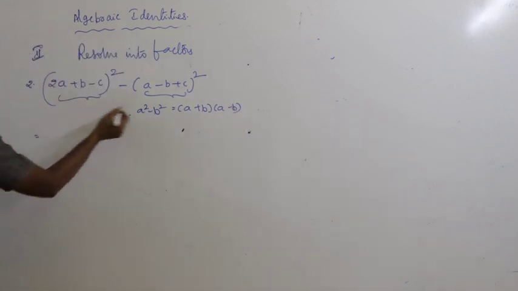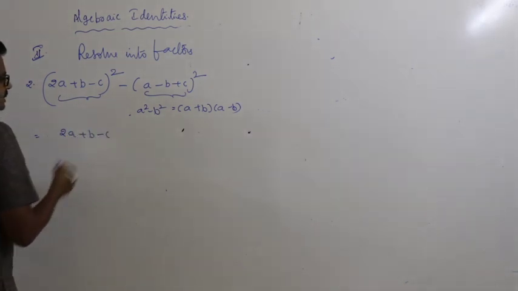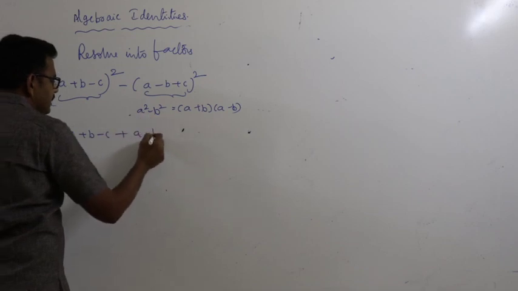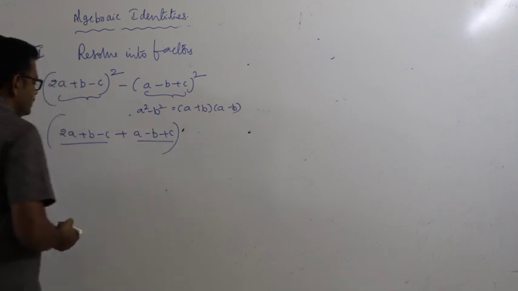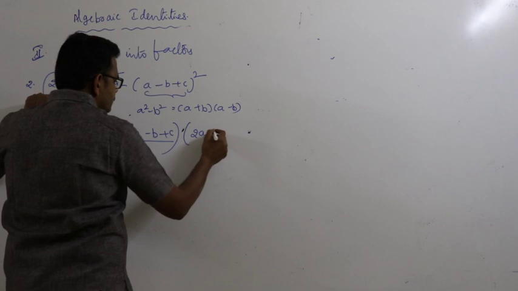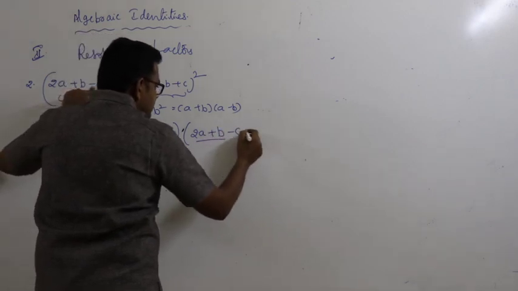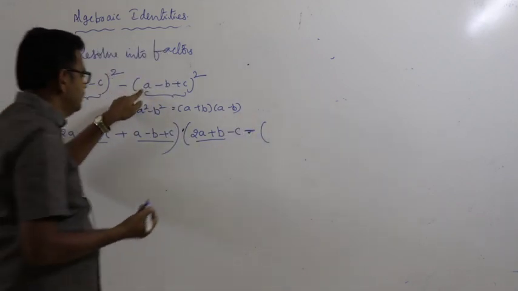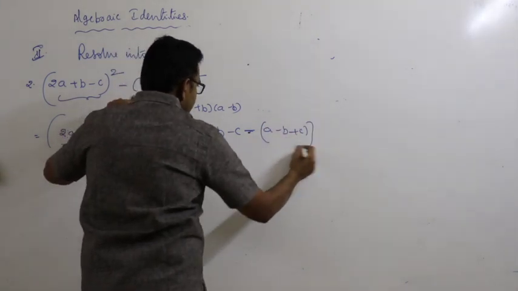So this is 2a plus b minus c plus a minus b plus c into a plus b minus c minus of a minus b plus c.